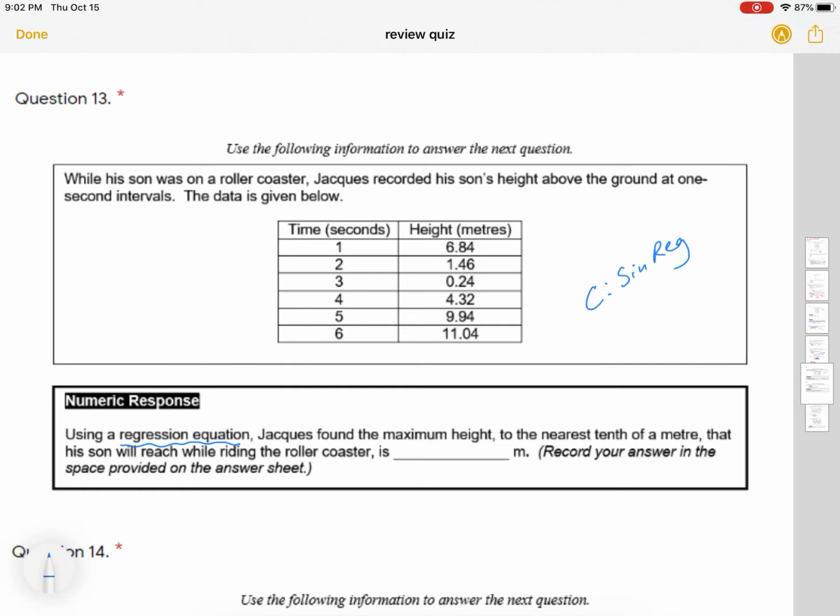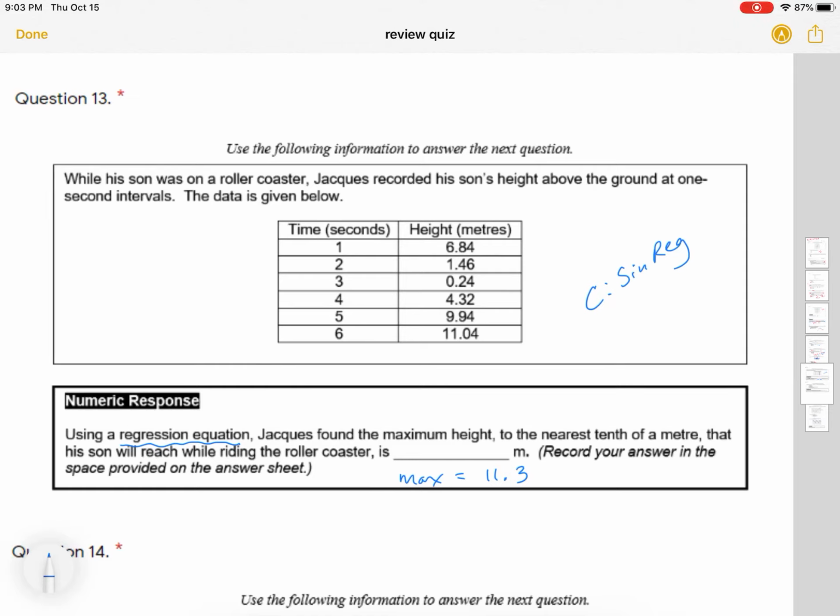So you put that in, you do your regression, and what you'll find is the maximum equals, and one might think it's 11.4, but it's not. It actually works out to be 11.3, I believe. I want to double check my answer. I'm going to do the work here. I'm going to type some stuff in.